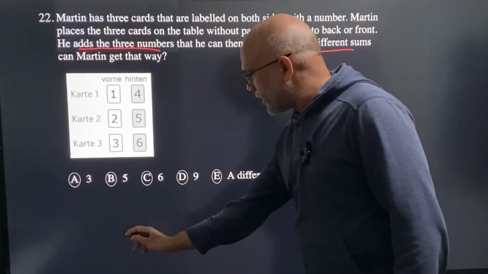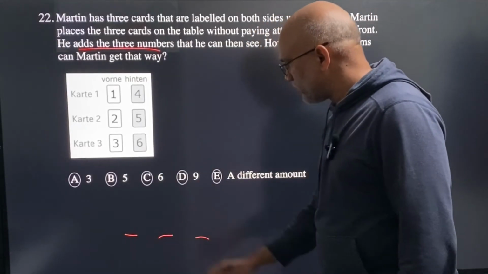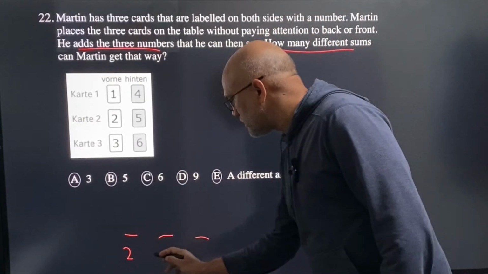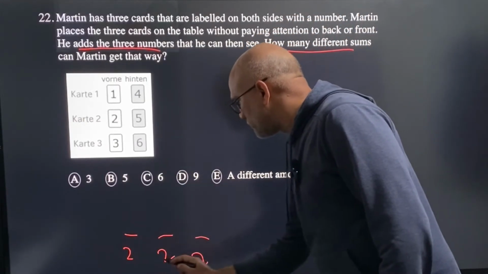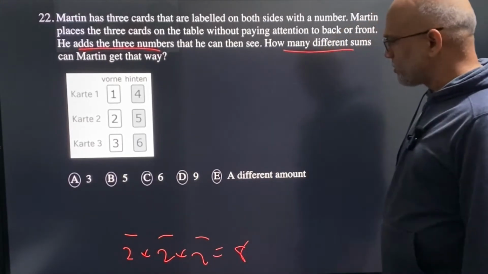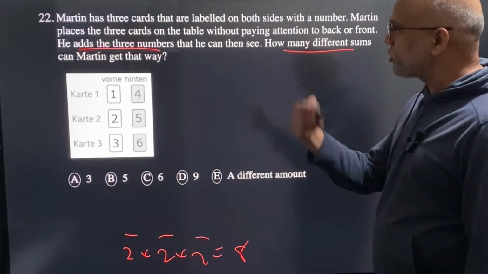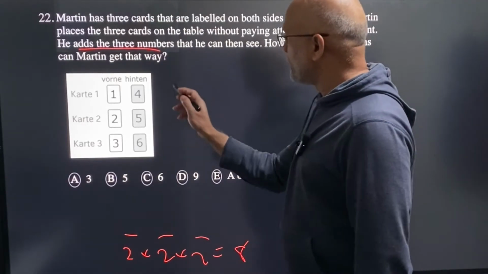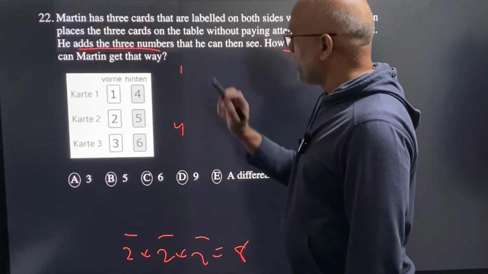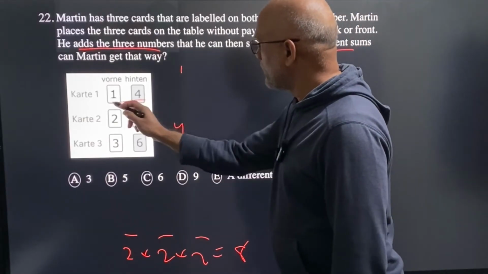Alright, so we have 3 cards, 1, 2, 3 on the table. Either it can be back or front. So there are 2 choices for this, 2 choices for this, 2 choices for this. So there are going to be a total of 8 sums, but some of them may be duplicates. So let's write it out. The first card can be a 1 or a 4, and for 1, so that is this one.